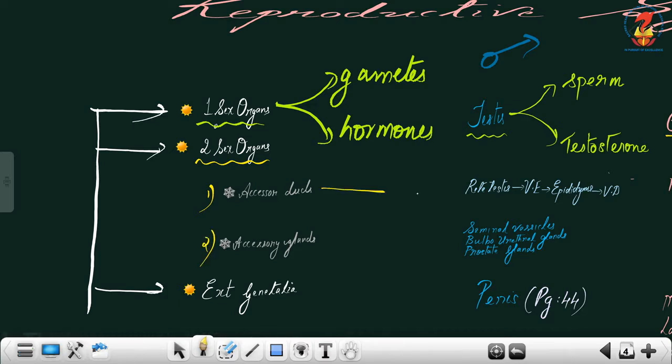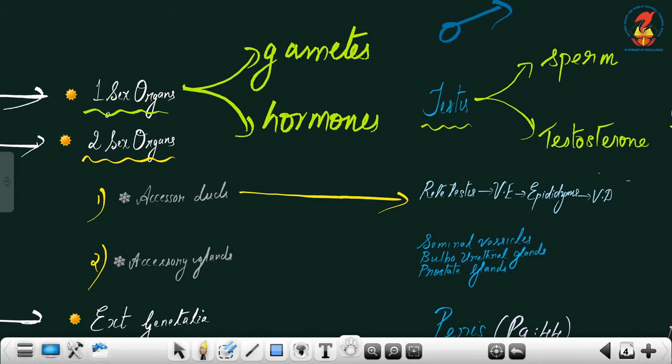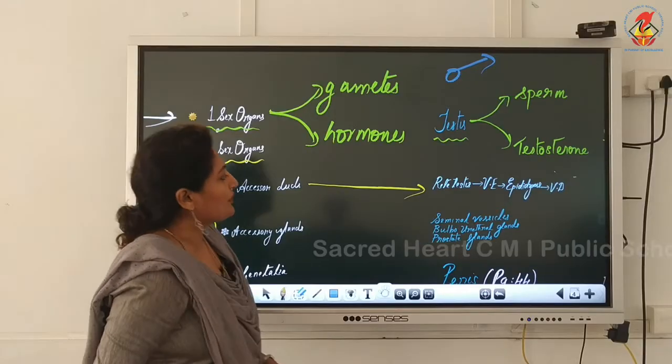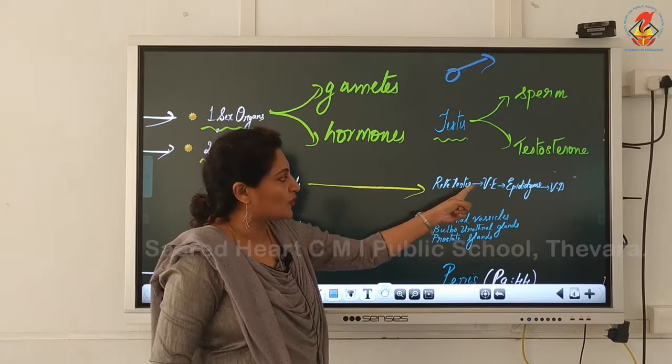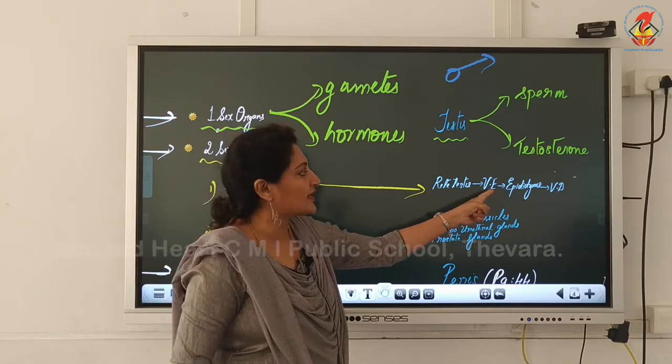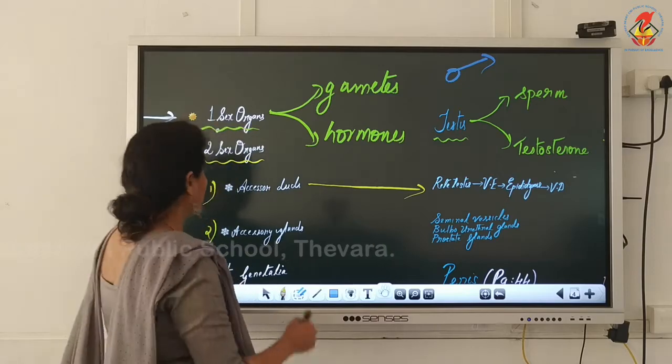In males, the accessory ducts include rete testis, vas efferens, epididymis and vas deferens. So, once again, the accessory ducts of the male reproductive system are rete testis, vas efferens, epididymis and vas deferens.